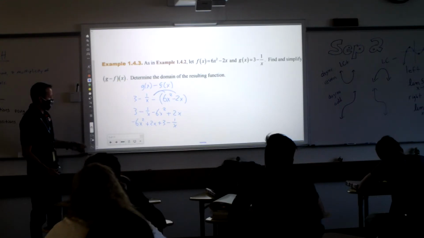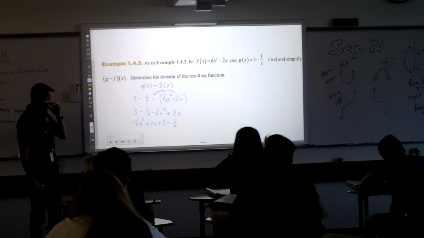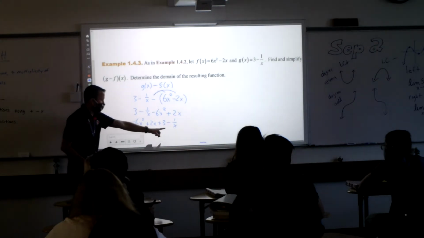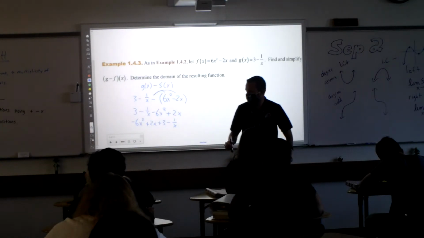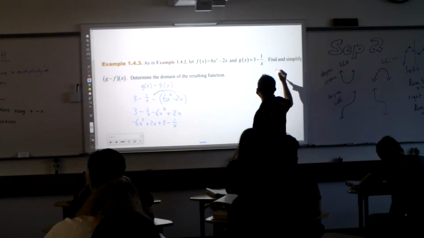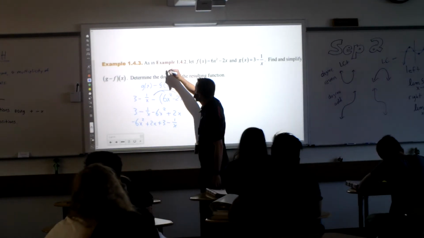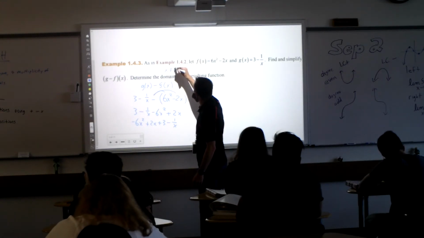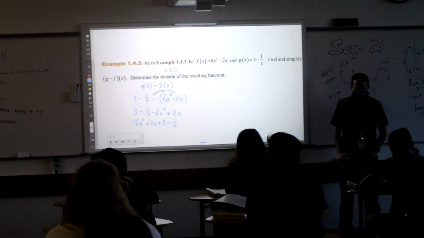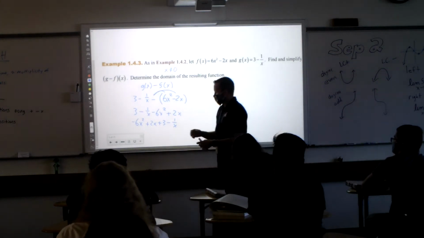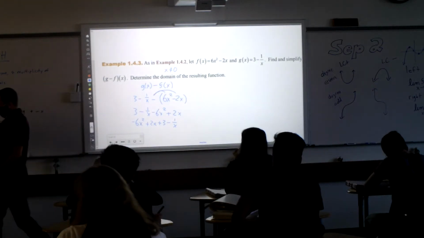Now, when I'm looking at the domain, what's the only thing that causes concern? Can't let x be 0, because then you're dividing by 0, which is not okay. So I'm just going to put a little note up here where it says determine the domain. X cannot be 0. Everything else is just fine. All right, keep on rolling here. We're going to see some more domain stuff.